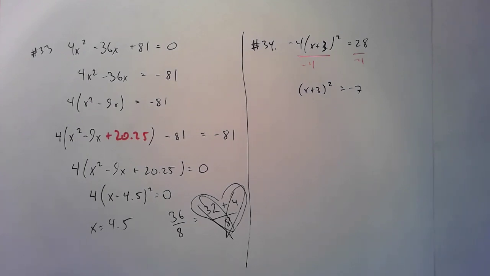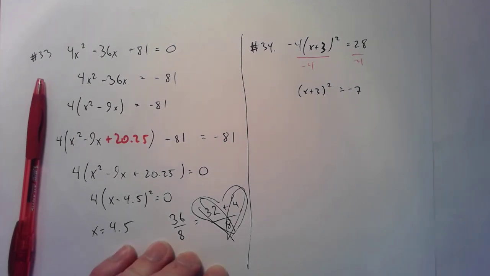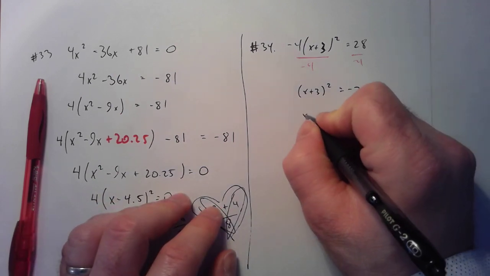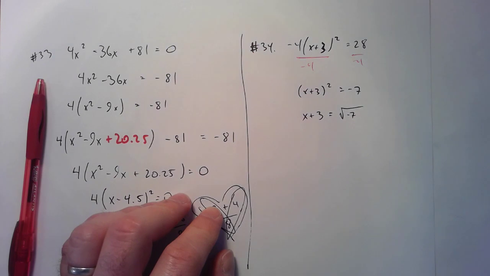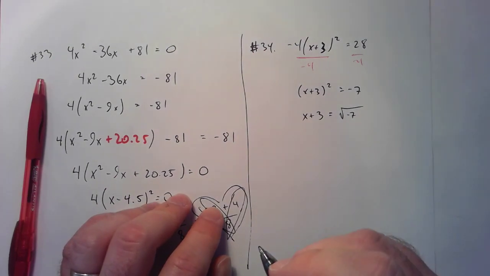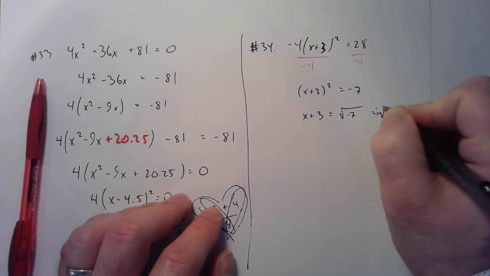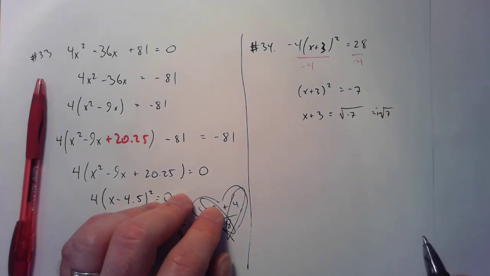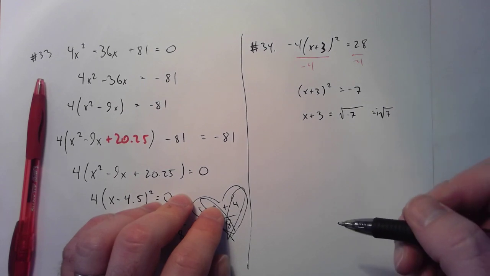But we're in Algebra 2. This is the big leagues. It's at least the minor leagues. So let's see what we can do with it. If we were to take the square root of both sides, you'd have x plus 3 equals the square root of negative 7. That is an irrational imaginary number. It's i times the square root of 7, but like, pick your poison. And then you can just subtract 3.